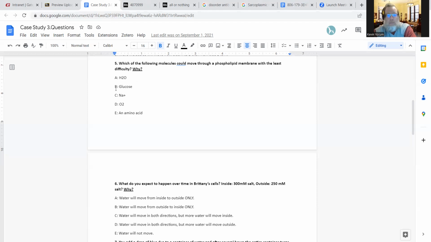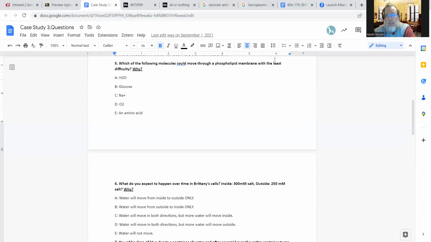But let's keep going. Glucose. How about moving glucose across phospholipid membranes? That's a solid, and remember, glucose movement does require some sort of a helper, some sort of integral membrane protein that's going to be a channel or a receptor that's going to be able to grab glucose and bring it into the cell, and so that's a lot of work.